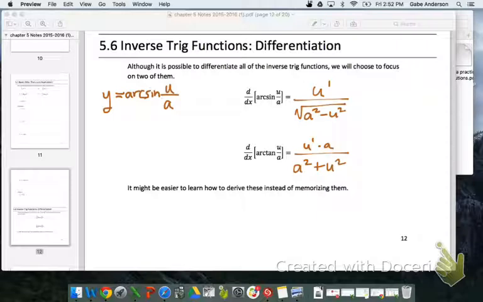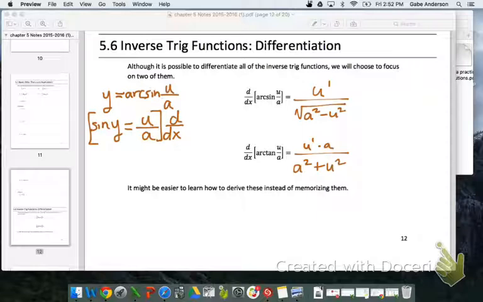My first step is to take the sine of both sides. The reason I'm doing that is to get it into a more familiar form that we can work with. So when I take the sine of both sides, I get sine of y is equal to u over a. Remember, our goal is to find dy/dx. So my next step is to differentiate both sides with respect to x.